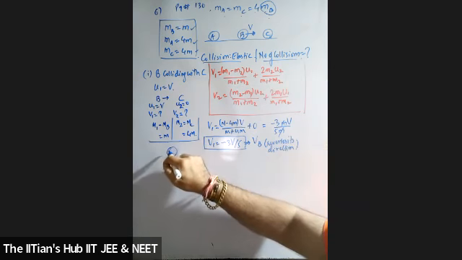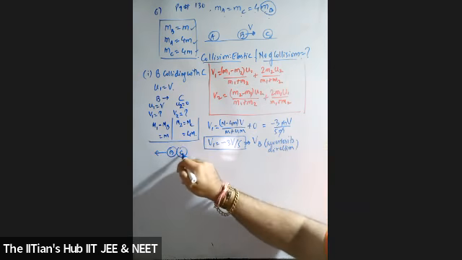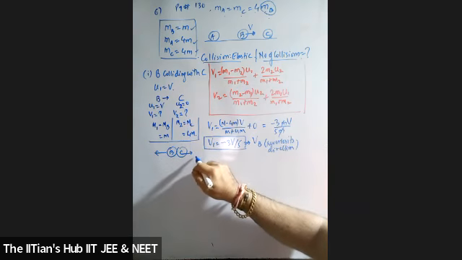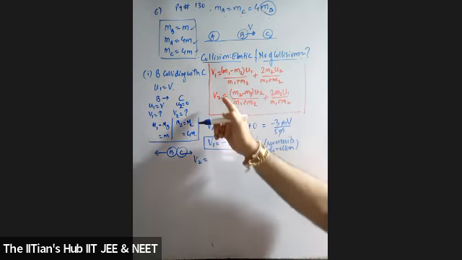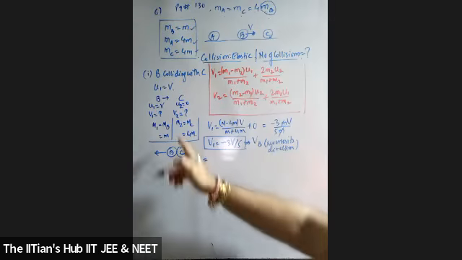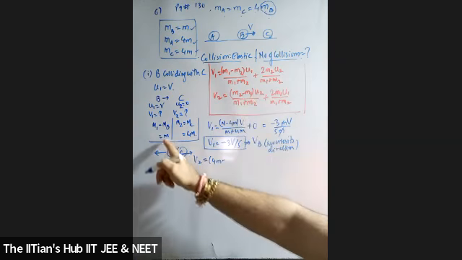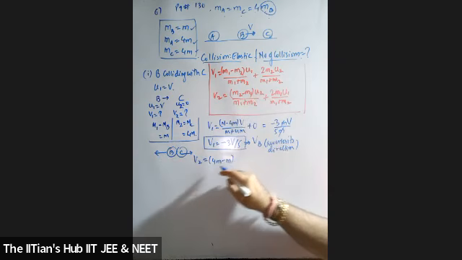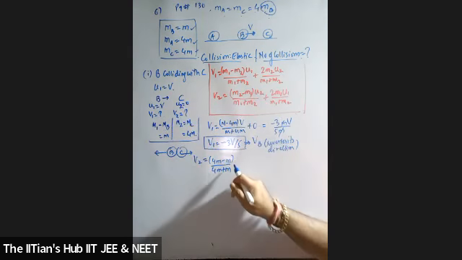B कोलिजन के बाद में रिवर्स जाएगा, लेकिन C तो आगे जाएगा विद द वेलोसिटी V2. लेट अस फाइंड आउट V2. तो V2 का फॉर्मूला क्या होगा? M2 minus M1. व्हाट इज M2? 4M minus M1 is M upon 4M plus M into U2. How much is U2? U2 is 0.